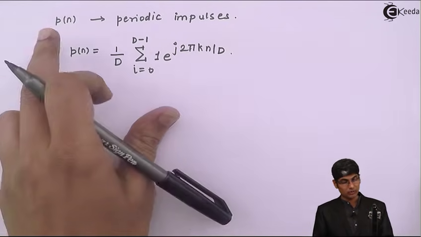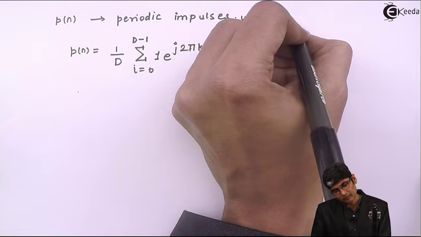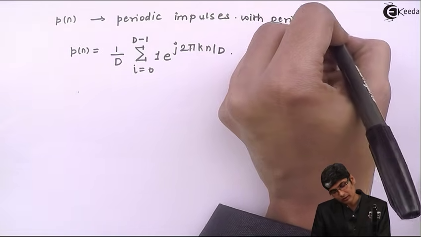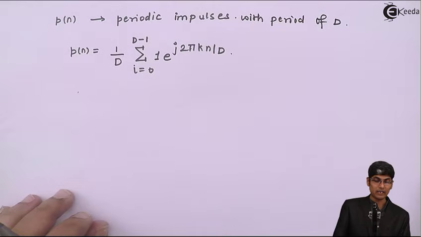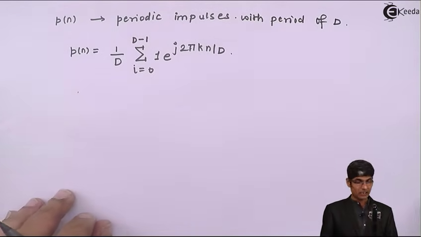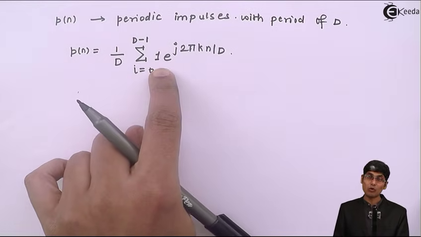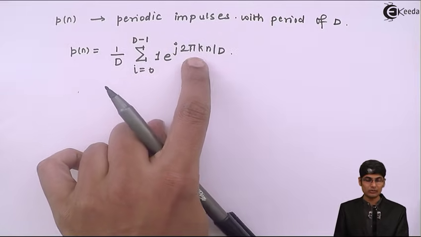P of n is periodic pulses with period d, so I can take its IDFT and write P of n equal to 1 by d, sum over k from 0 to d minus 1, because the amplitude is 1, e raised to j 2 pi k n by d.